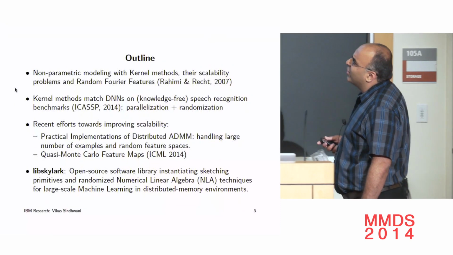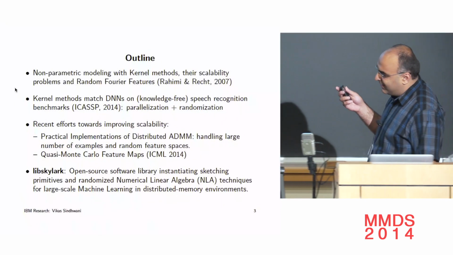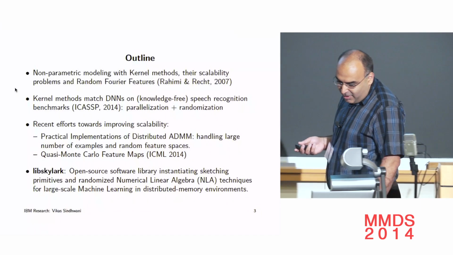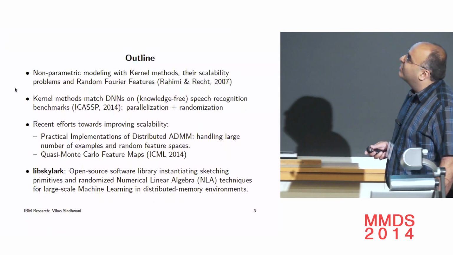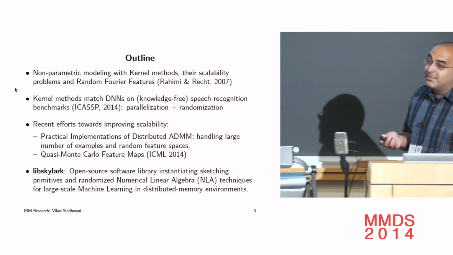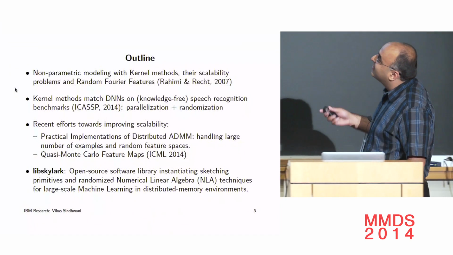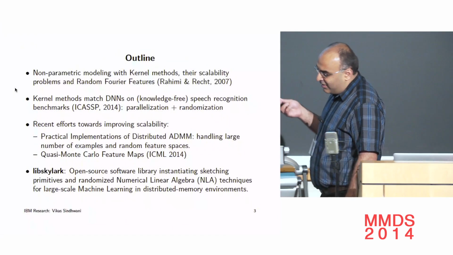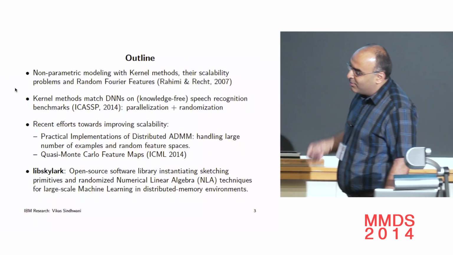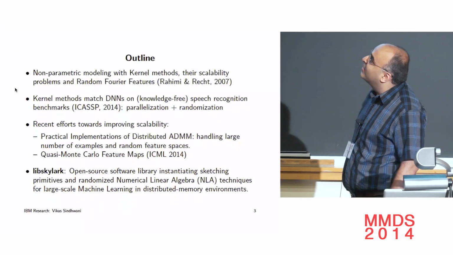Then I'll show some results on applying these techniques to speech recognition problems, where it will turn out that kernel methods can actually match deep learning performance, and deep learning techniques are considered state-of-the-art in this domain. And based on empirical observations there, we'll motivate the need for both parallelization and randomization.